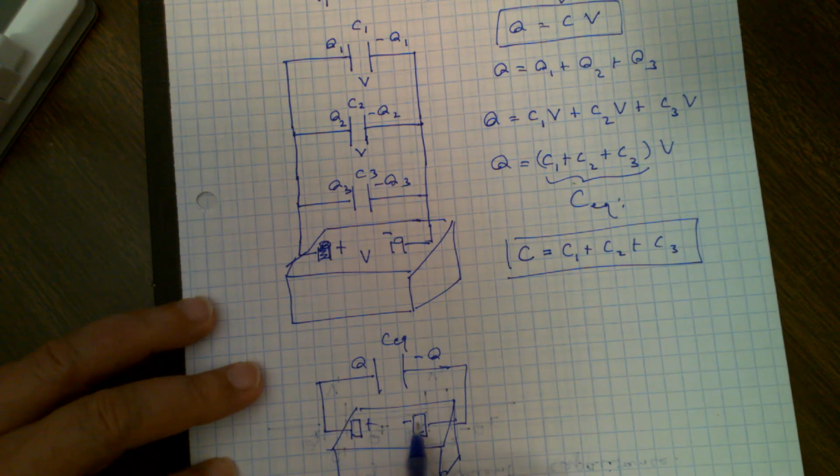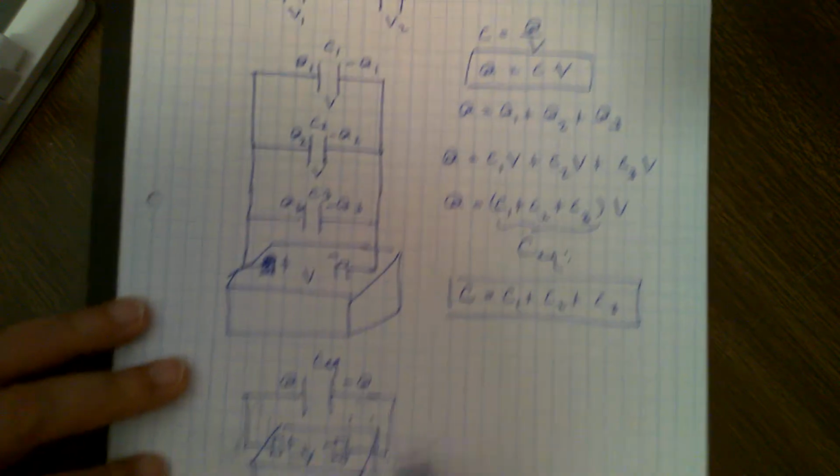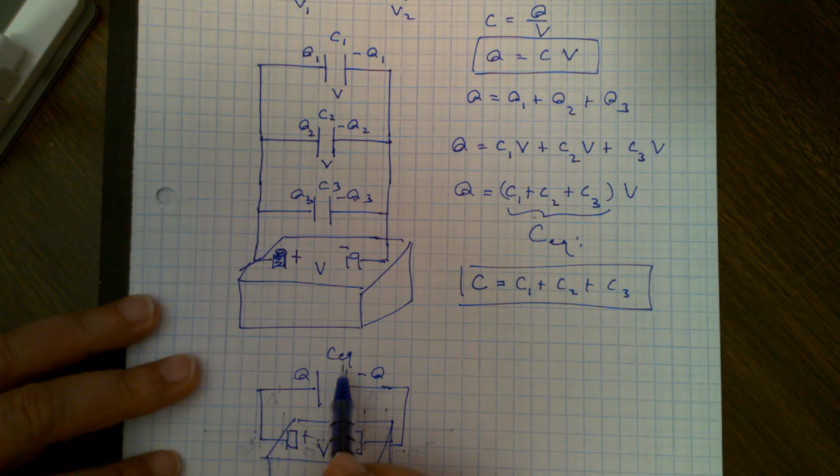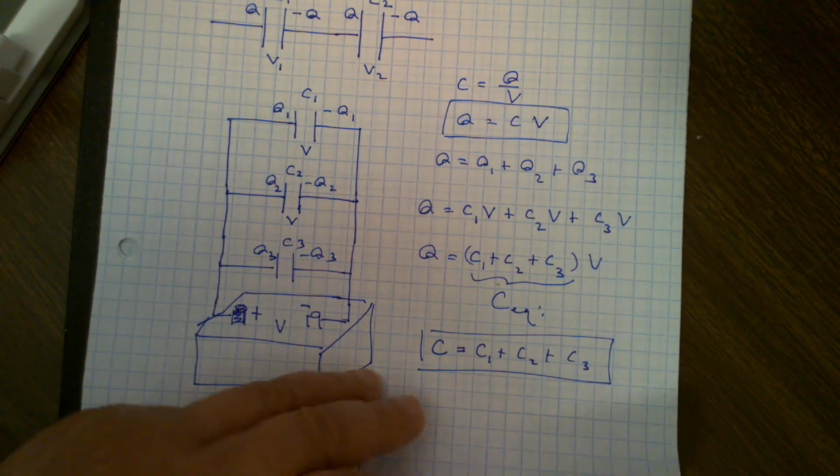And the voltage difference between these 2 nodes is V. So when you have that, in order to find that equivalent capacitance, you just add them up. So let me do an example.